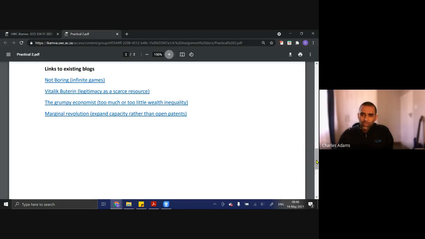Alex Tabarrok expresses his view on this focus on patents, which has now become prominent in public discourse, that governments should relax their patent laws in order to expand production of vaccines around the world. He's taking the view that patents aren't the main constraint in this case, but rather expanding capacity.